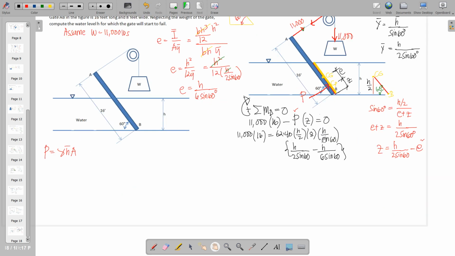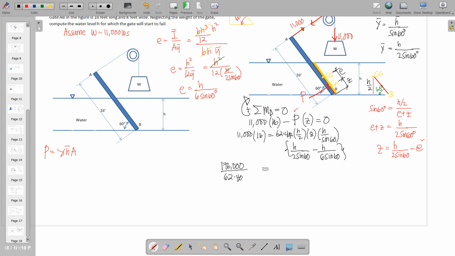So we simplify these terms. We have 11,000 times 16, that is 176,000. So we divide both sides by 62.4. We perform that on the left hand side, and eventually that will vanish on the right hand side of the equation.